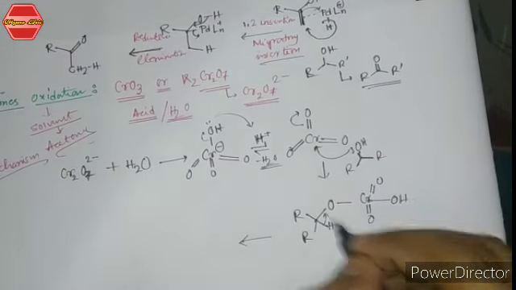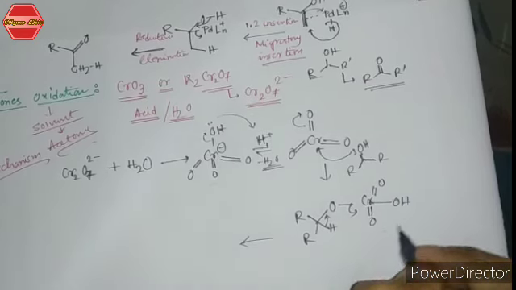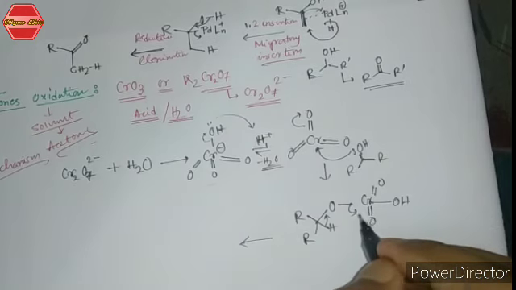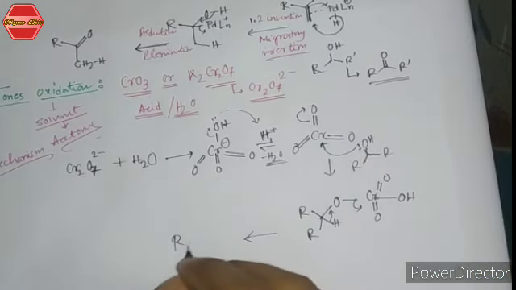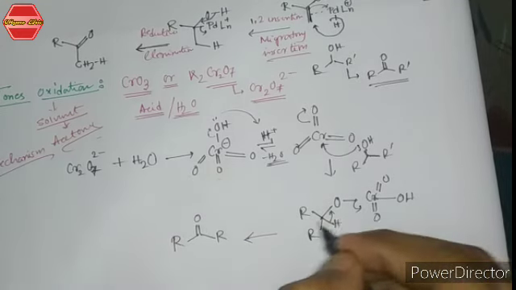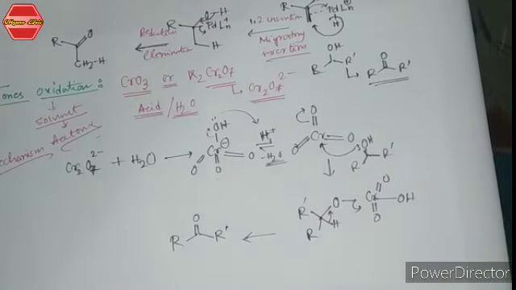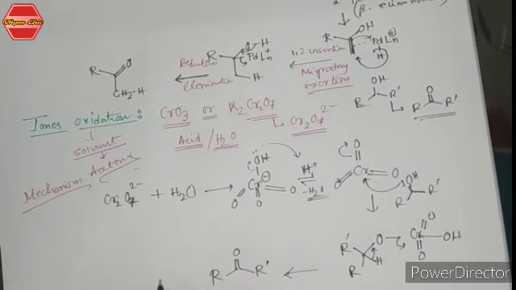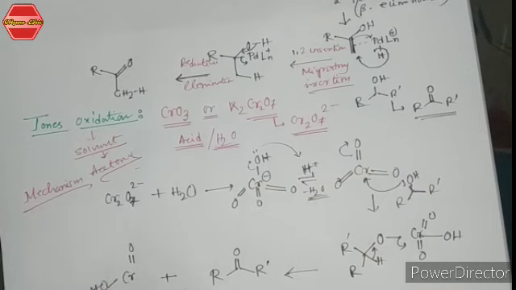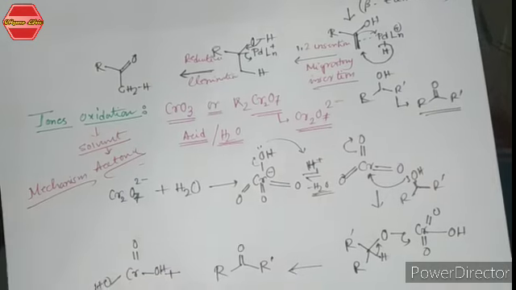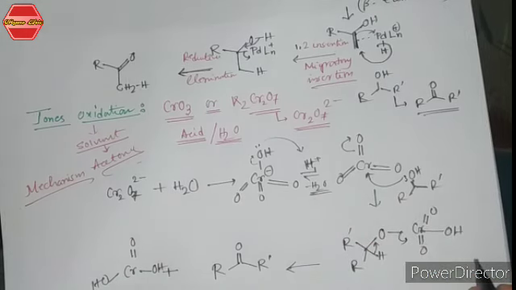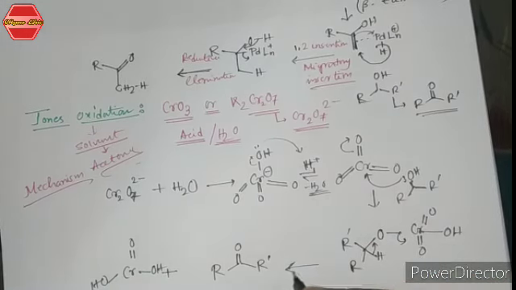After that, this group is removed as this one takes the proton over here, and finally you get your final ketone, R, R prime. Okay, so this is your overall mechanism.